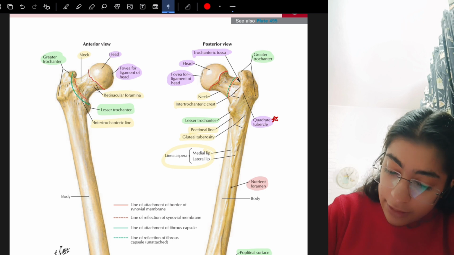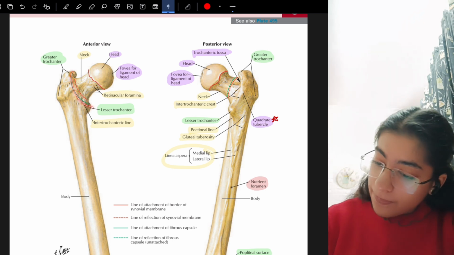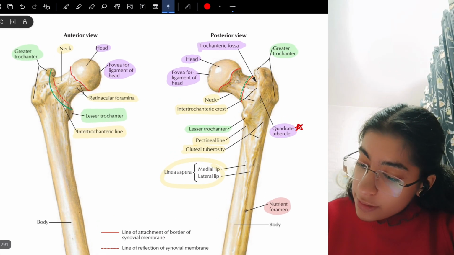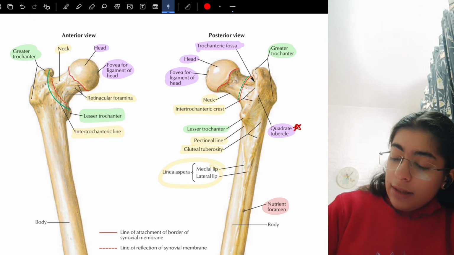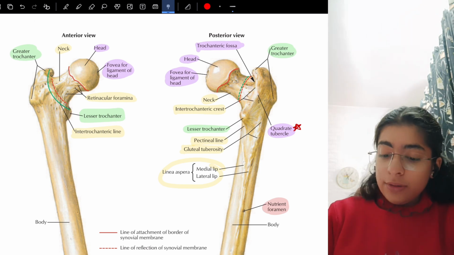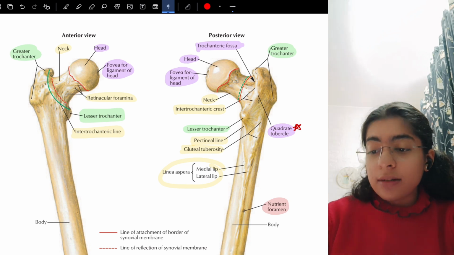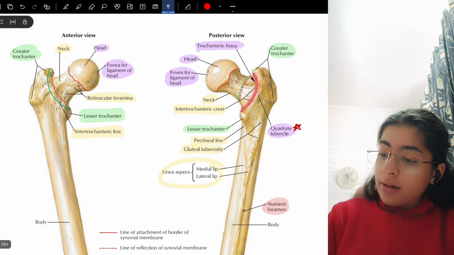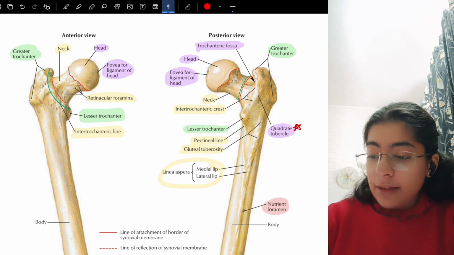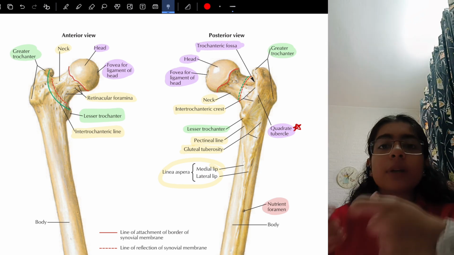And there is an intertrochanteric line, okay, and there is also an intertrochanteric crest. See, in the posterior view I am going to see the intertrochanteric crest because here I can clearly see this hard surface, which appears like a crest. What is a crest?